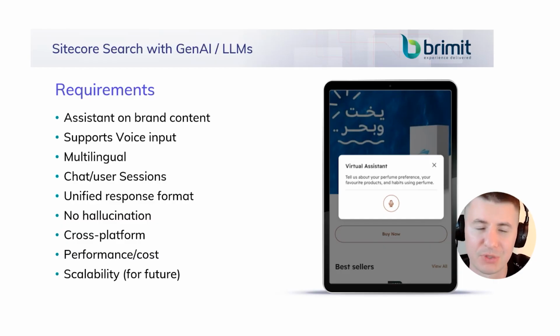We need to use the same feature in both the website and our mobile application. We must take care of performance and cost of the solution. And of course, the resulting solution should be scalable. And if our customer wants to add something else similar in the future, it should not be a very complicated process.